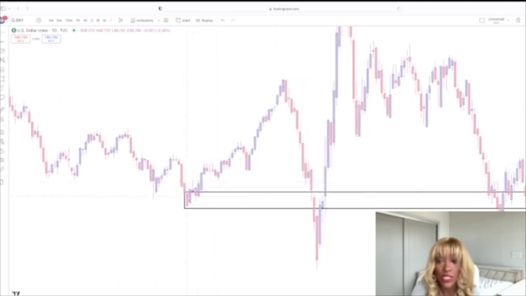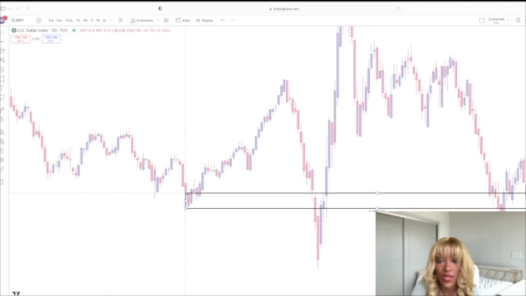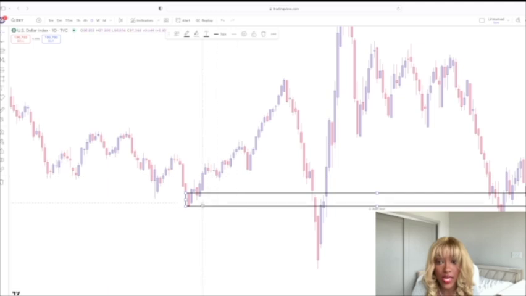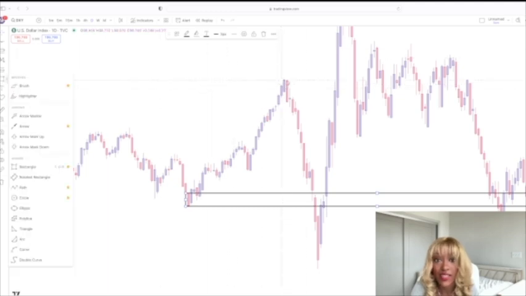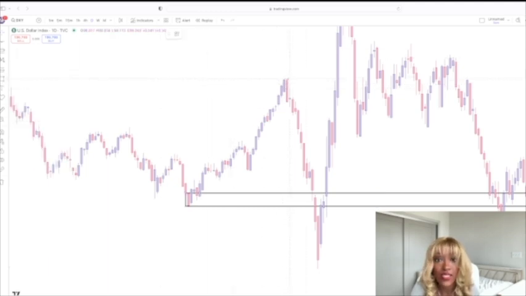So how I draw my demand zones, I use the previous candle that started the move to the upside, right? As you can see, the market gave us this push to the upside and then gave us a supply zone where it immediately dumped back to the downside.